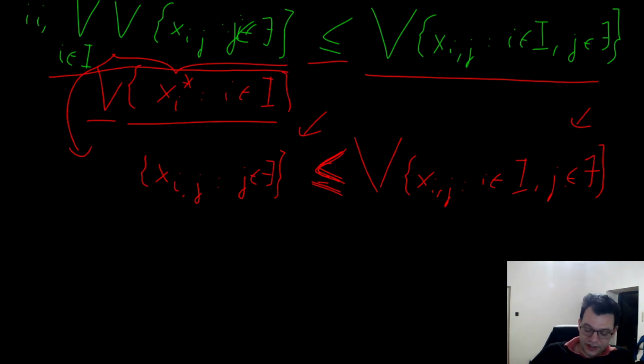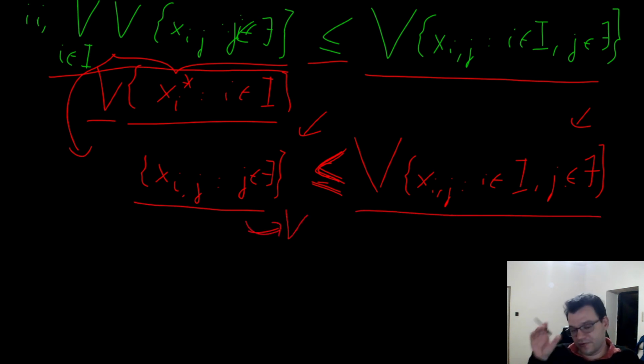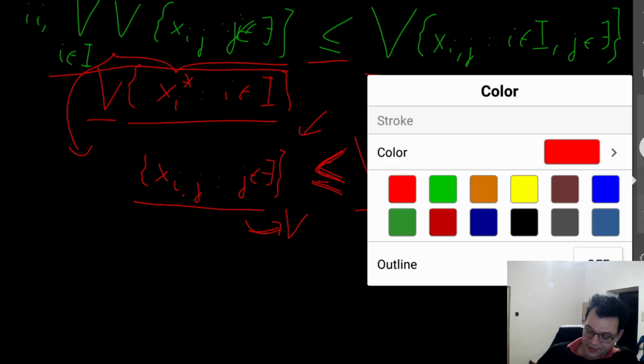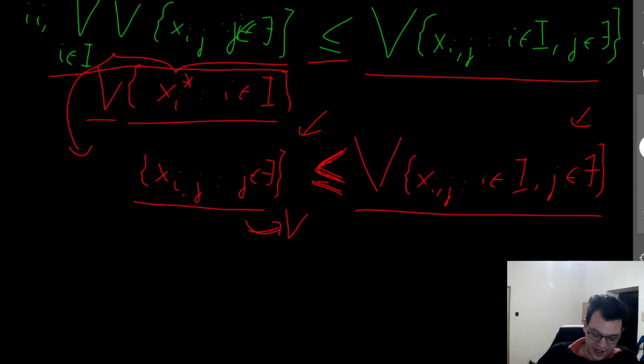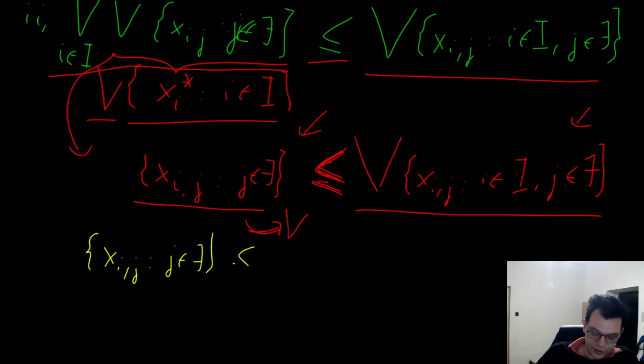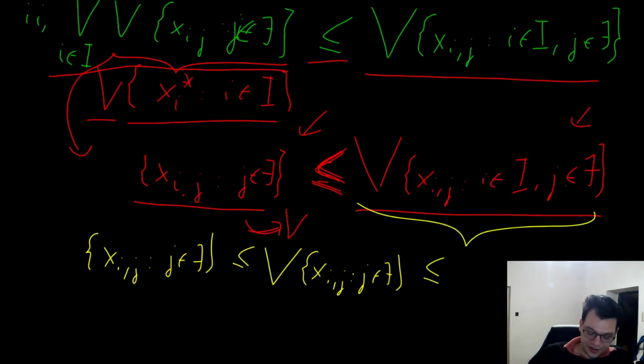And now we can use the fact that if I have a set and another set, then I can take the supremum of this set and it will fall between the two notions. So it just says that if I'm applying the first among the three cases, xij, j in J, is a lower bound for its own supremum, of course, which is a lower bound of this original set.